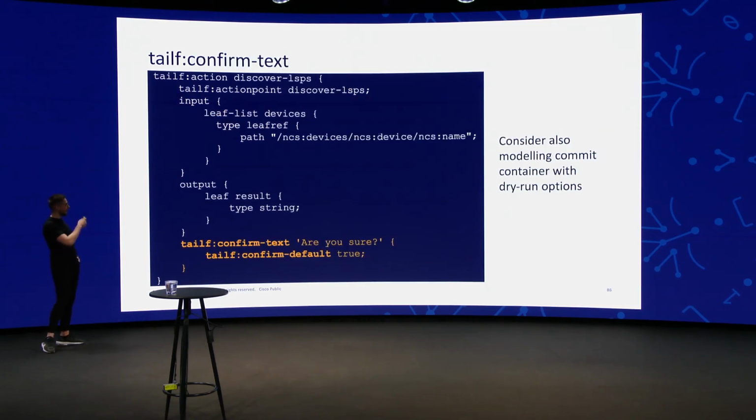We can have the confirm text in order to make sure that this action is really executing what it has to execute. So with actions, there is a kind of a trap that once we hit enter, we are done. So I've seen multiple times people developing actions, clicking enter, and then doing, oops, that shouldn't happen.